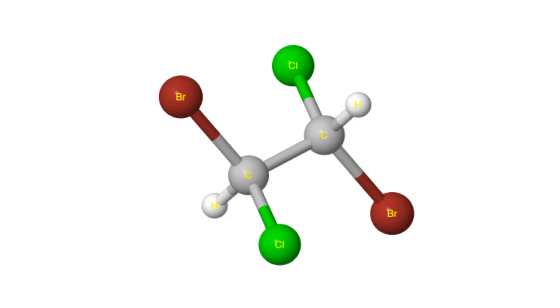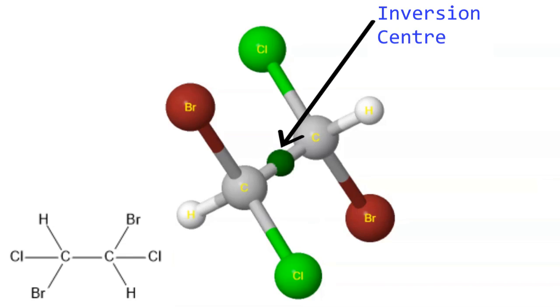Now take one last example of a different symmetry operation. For that, consider an ethane derivative as an example, and the name of this compound is dibromo-dichloroethane. Assume that this molecule is in staggered configuration.